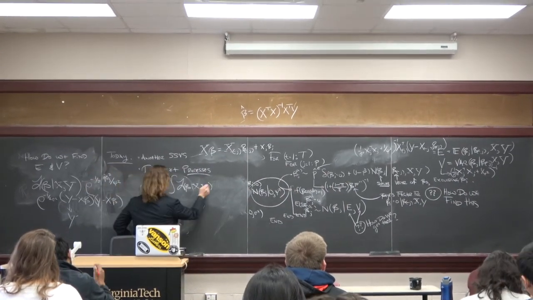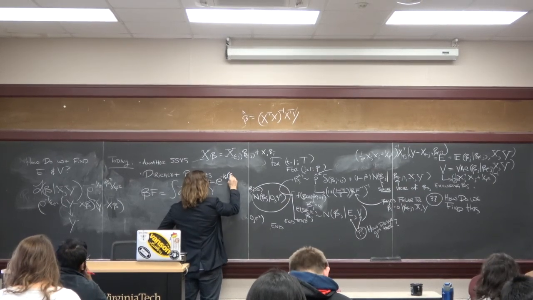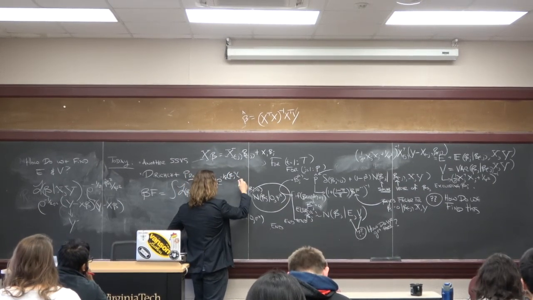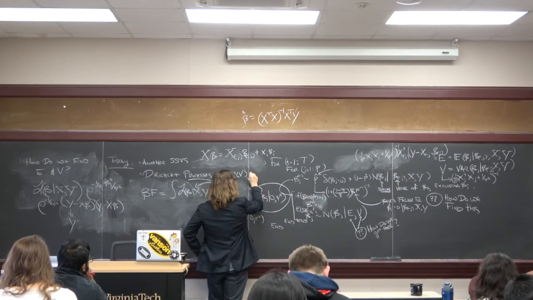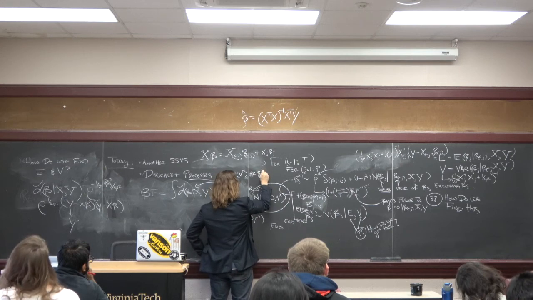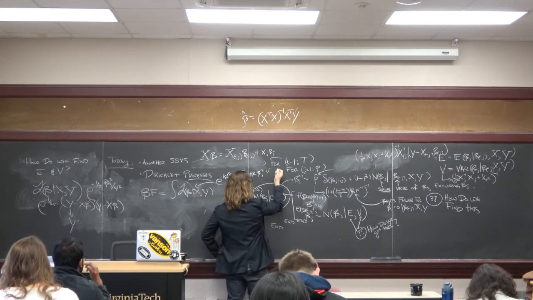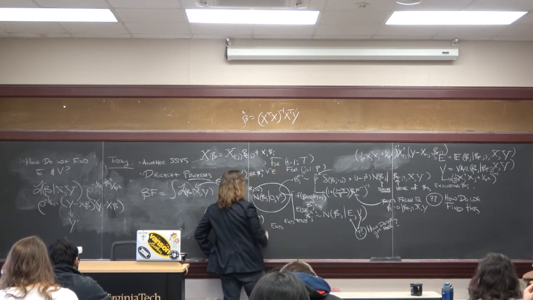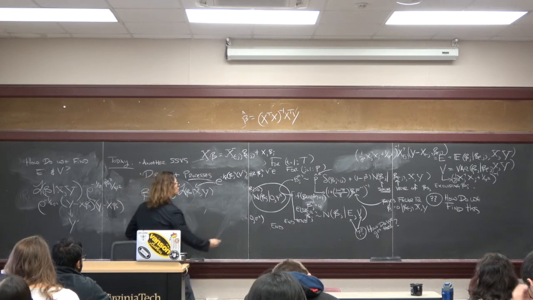So e to the minus 1/2 beta_j squared. If I've already done this calculation, this is that plus, I'll say, minus 2 beta_j squared b inverse e. That's what it looks like.